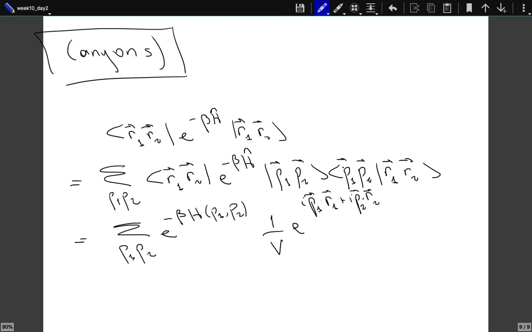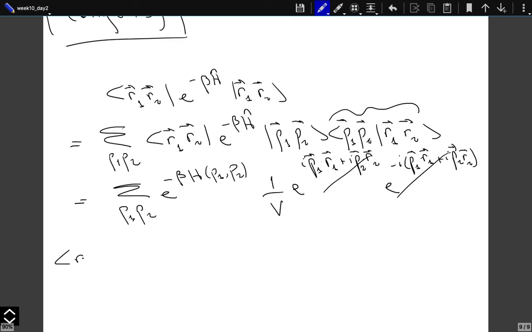This one just gives me its conjugate, e to power minus I P1 R1 minus I P2 R2. If I just multiply these two, they cancel each other, it's just 1.